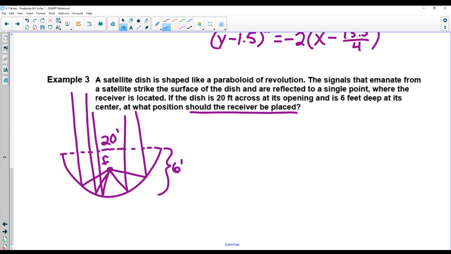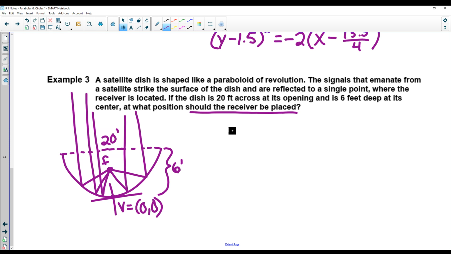All right, so what I'm going to do is I'm going to go ahead and set up a coordinate system. I'm going to make things real easy on myself, and I'm going to put the x and y axis right there so that my vertex is 0, 0. I can put the xy axis wherever I want in real life. That's where I'm going to put it to make my life easy.